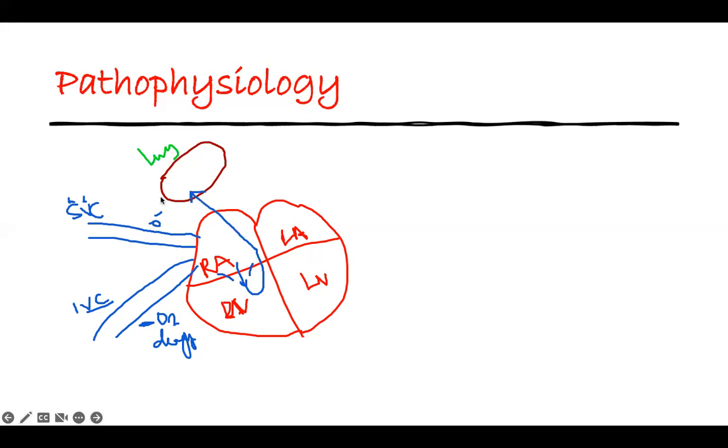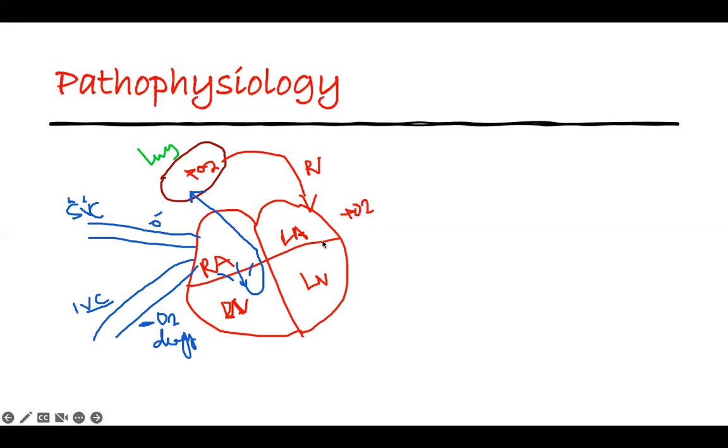Then from the lung, oxygen is added. So I will pick this red. Oxygen is added to the blood, and it returns back through the pulmonary vein. This is the pulmonary vein to the left atrium. So this has oxygen.